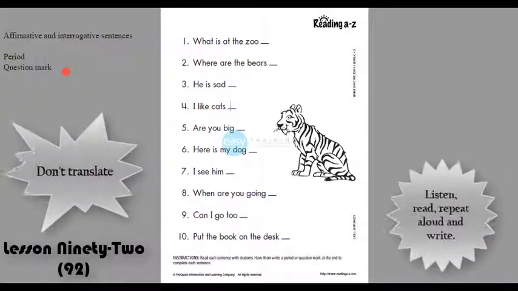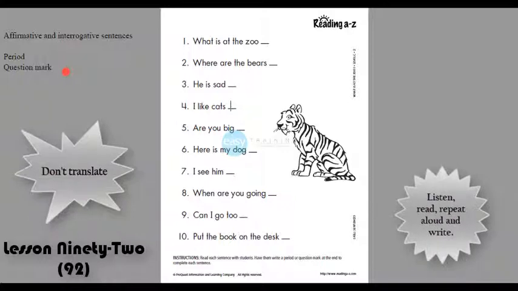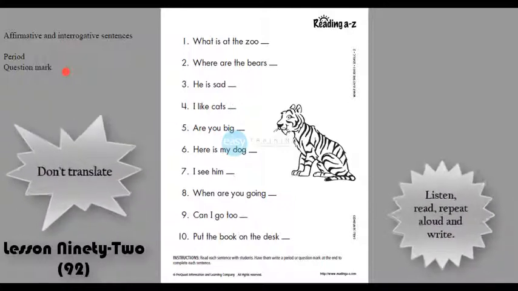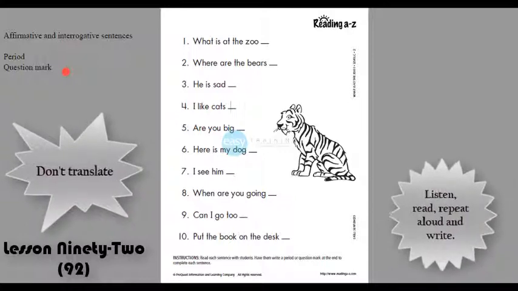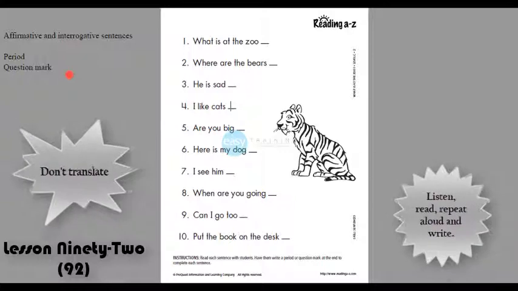But if the sentence is interrogative, you complete it with a question mark. First, you and I are going to read each sentence, and we will say whether it is an interrogative sentence or an affirmative sentence. Let's do it.